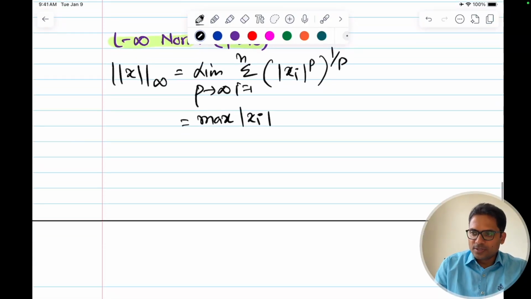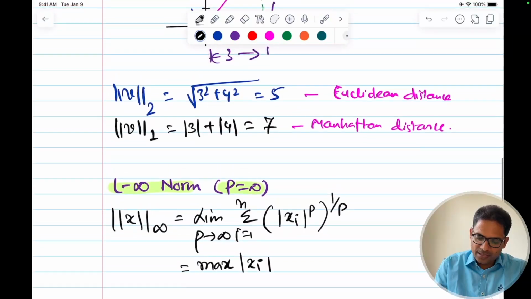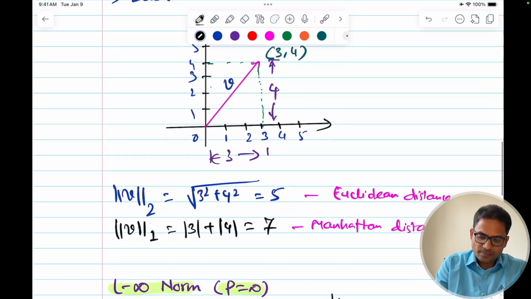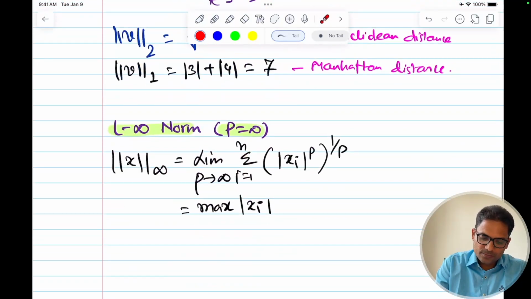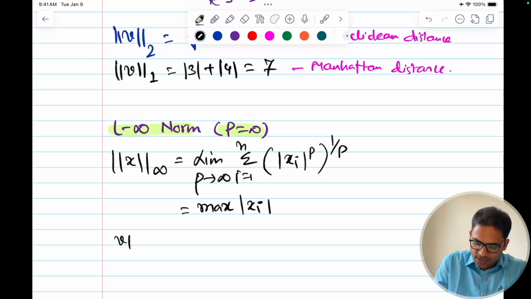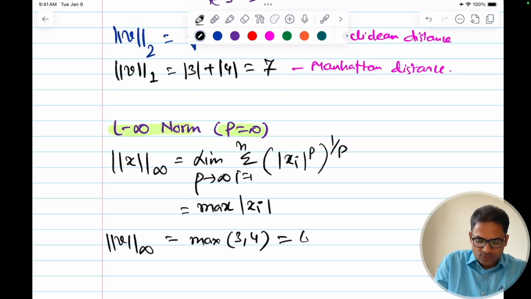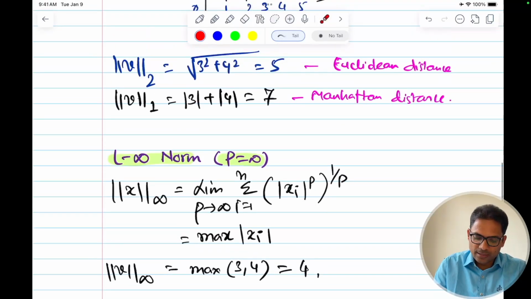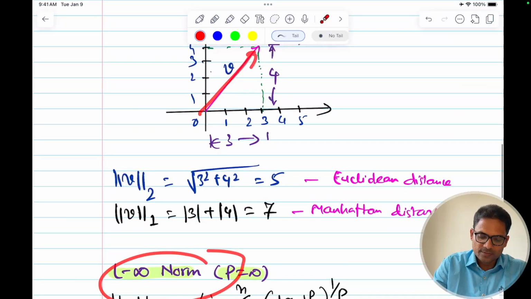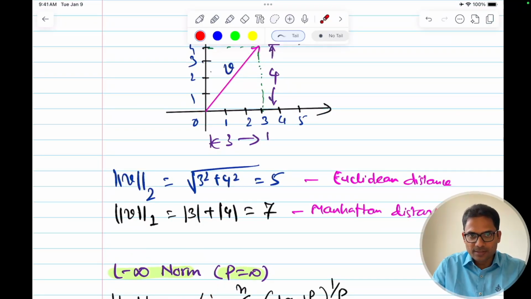So for the same example, 3, 4, what will be the L infinity norm? For the same vector, what will be v of infinity? That will be max of 3, 4, that is equal to 4. So for the same vector, you had 3 different values.